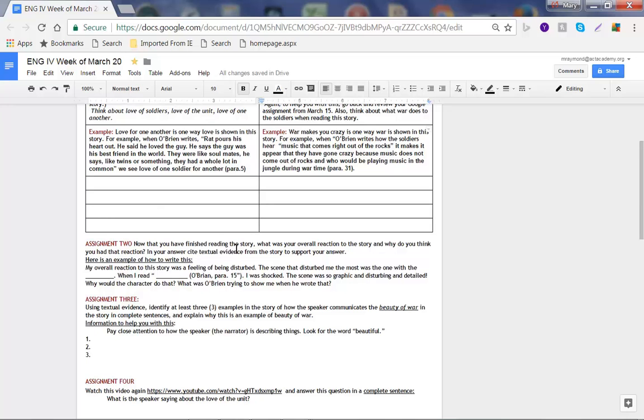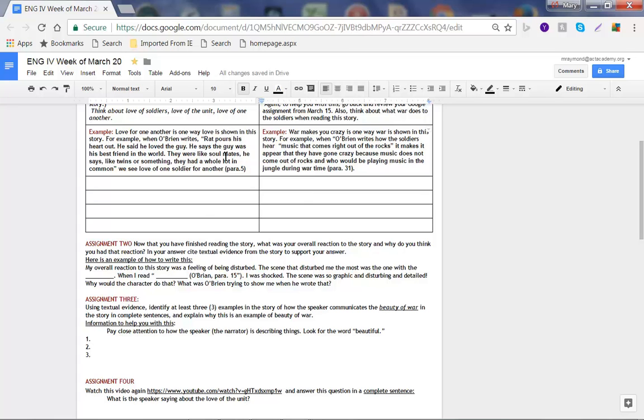Assignment 2. You're going to answer this simple question. Here's an example. You're going to cite textual evidence. Textual evidence is literally words from the text, which is the story, and it's evidence to support your statement.